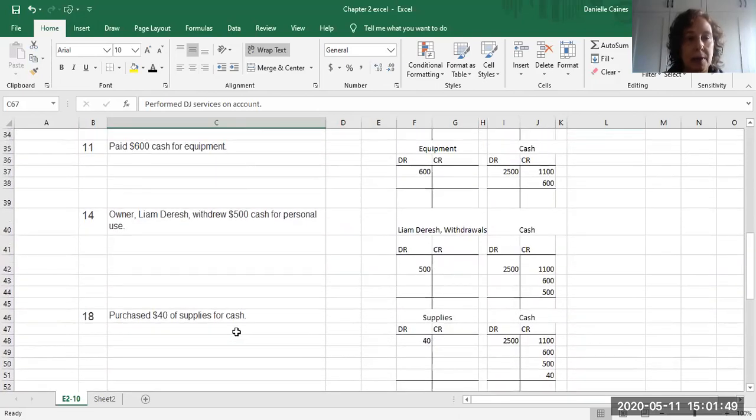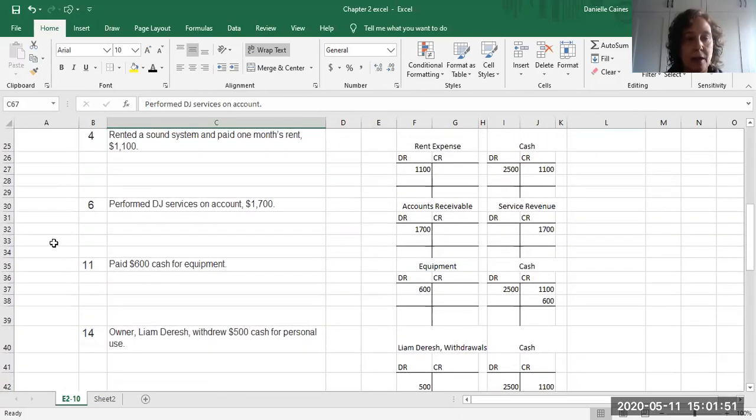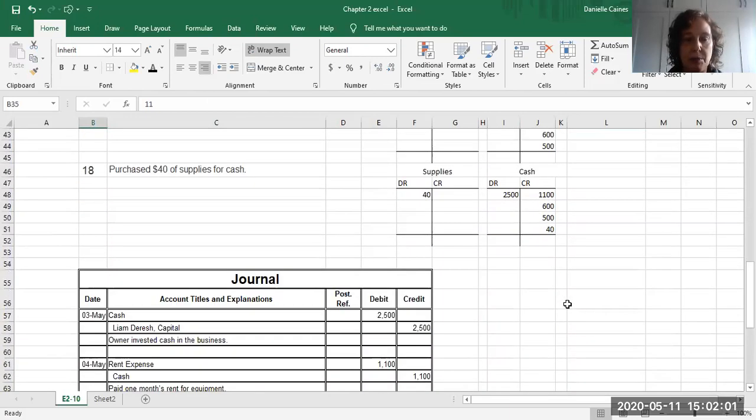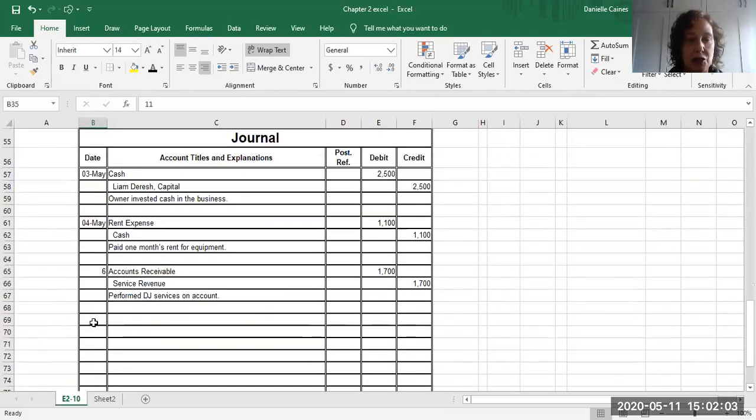We come back up to our May the 11th entry, and we bought equipment for cash. So we're going to debit equipment, and we credited cash. So debit equipment, credit cash. And this is May 11.